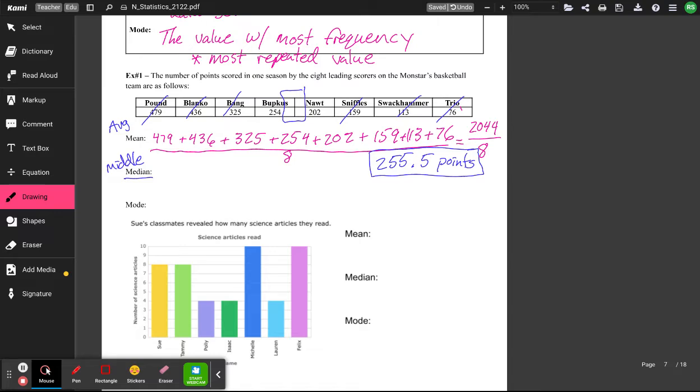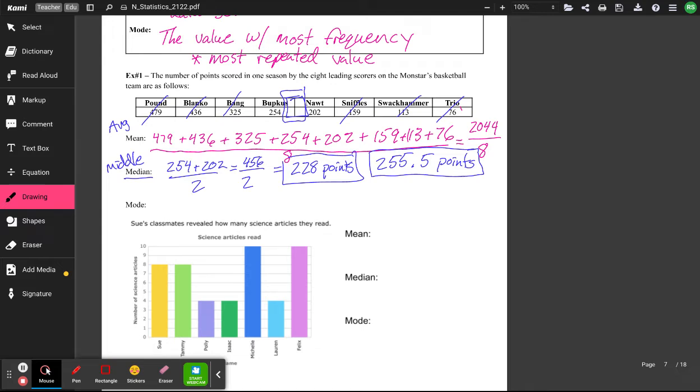If we had an odd number of terms, you would have an exact value that falls in the middle. In this case, we need to find the average between 254 and 202. The middle value would be exactly in the middle of those two sets of points. So 254 plus 202 is 456. We will then divide that by 2, and we end up with 228 points as our median. So the middle value within the set.